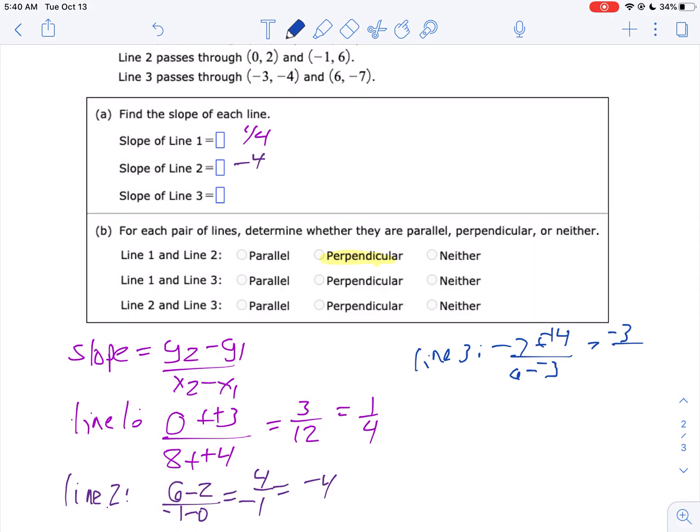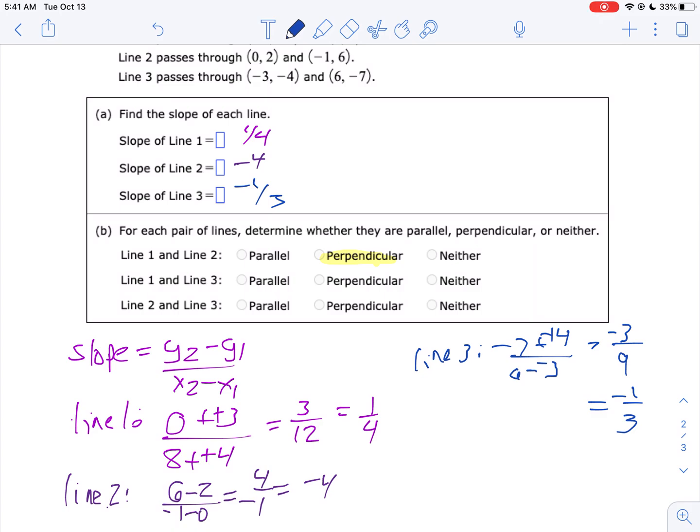And 6 minus a negative 3 is 9. So that reduces to negative 1 over 9. So notice, whoops, not 1 over 9, I'm sorry. Negative 1 over 3. So we get negative 1/3.